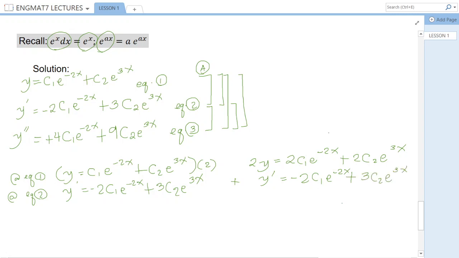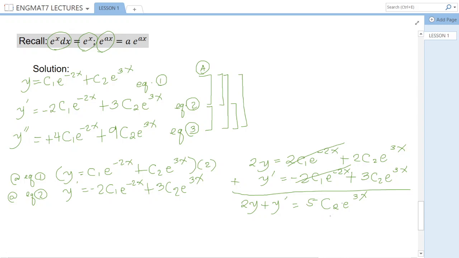If you notice, we can already cancel this since they have different signs. Adding that gives us 2y plus y prime is equal to 2 plus 3, that is 5c2 e raised to 3x.